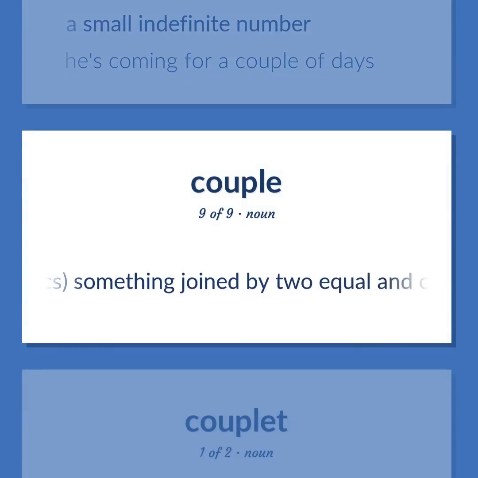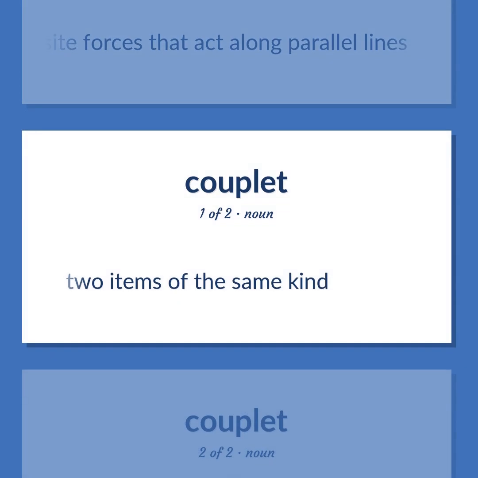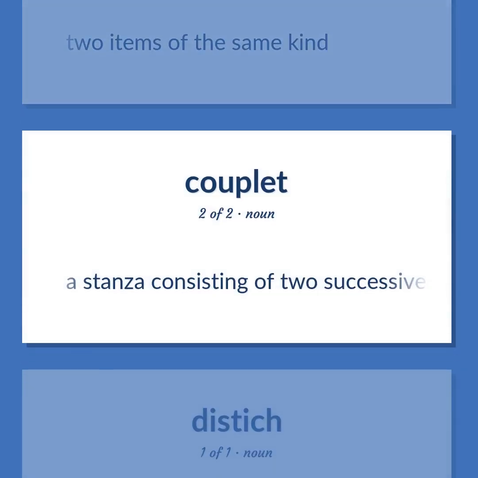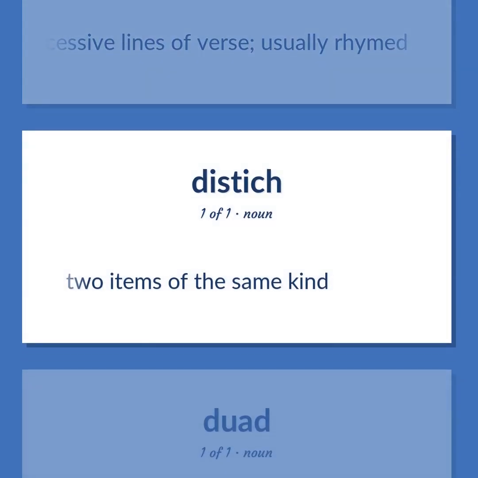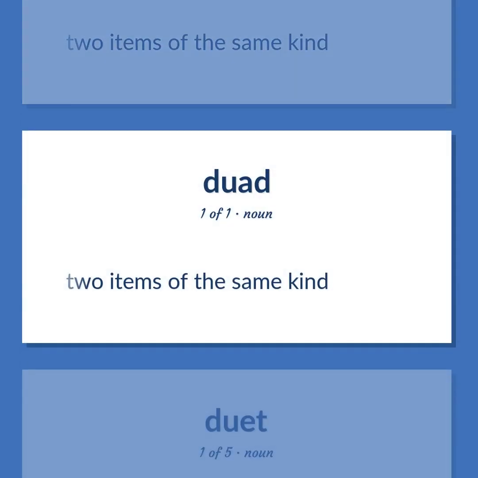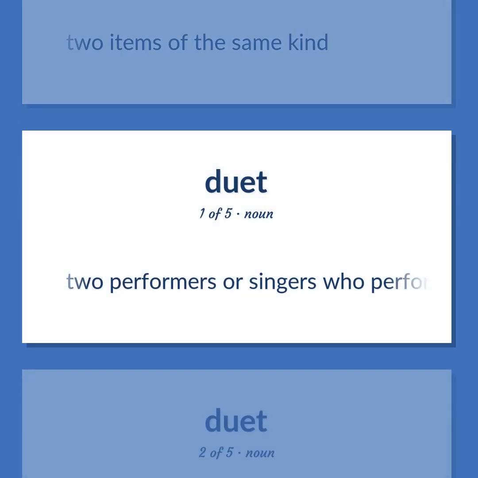Physics. Something joined by two equal and opposite forces that act along parallel lines. Two items of the same kind. A stanza consisting of two successive lines of verse, usually rhymed. Two items of the same kind. Two performers or singers who perform together.